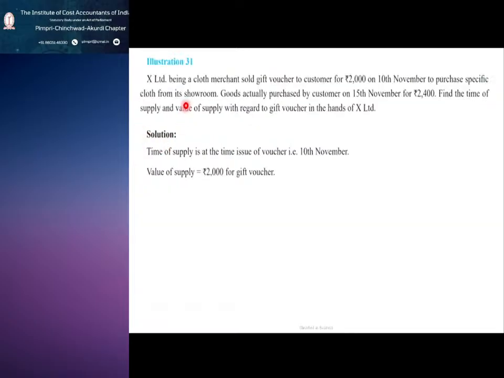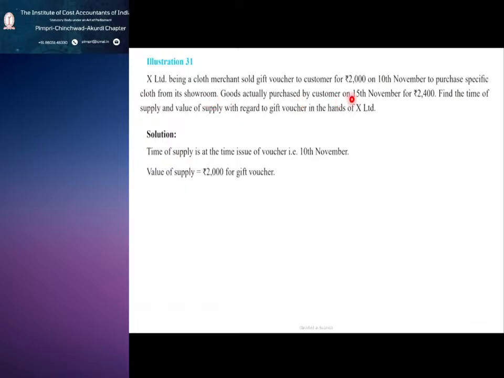X Limited, a cloth merchant, sold a gift voucher to a customer for 2,000 on 10th November. You can see here both things, what is the time of supply and what is the value of supply. The gift voucher of 2,000 on 10th November is to purchase specific cloth from its showroom.